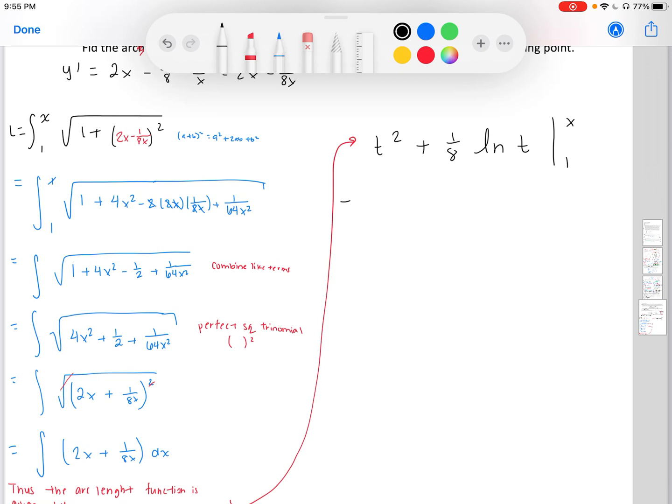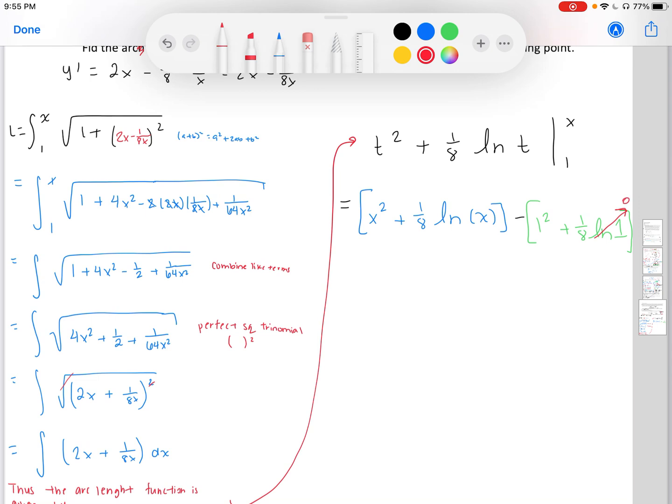Let's go ahead and plug those in. I'll be extra careful. So we have x squared plus 1 over 8 ln of x minus our lower, which is 1 squared plus 1 over 8 ln of 1. And ln of 1, that is 0.